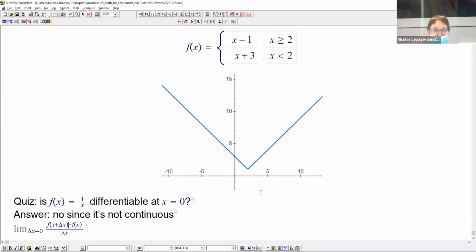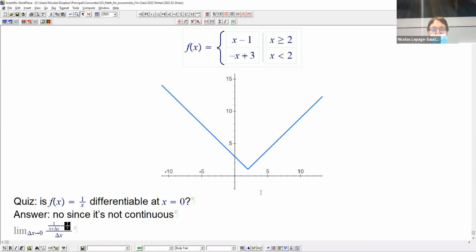I get 1 over x plus delta x minus 1 over x, over delta x.